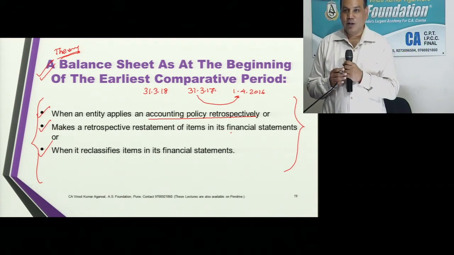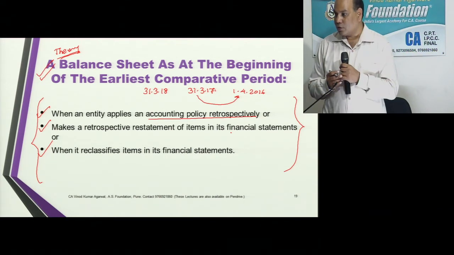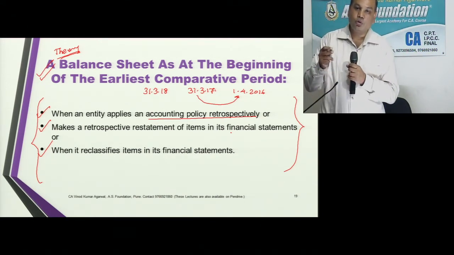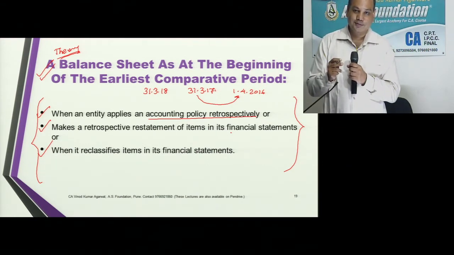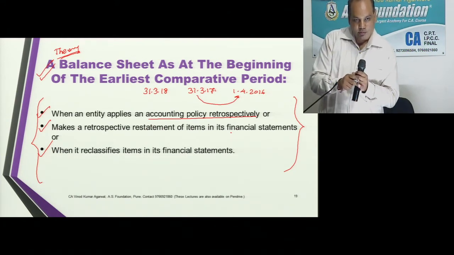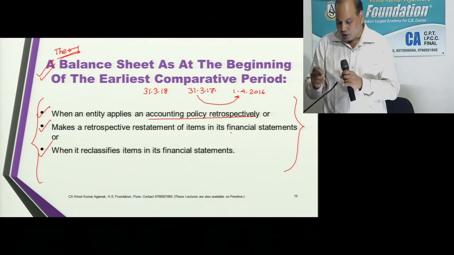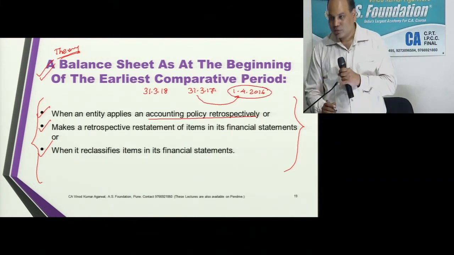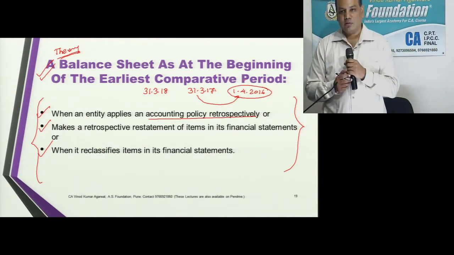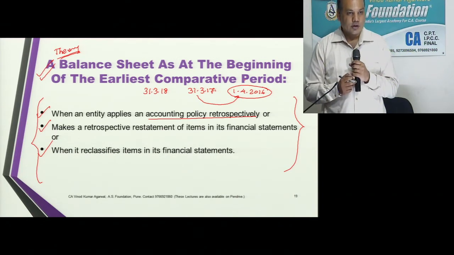Now under Ind AS, if that accounting policy is applicable with retrospective effect, you have to go to that year. Suppose the retrospective effect is to be given from 2007. So from 2007, start giving the effect. Find out what would have been the balance on 1/4/16 and prepare that balance sheet after giving the effect of that change in accounting policy.